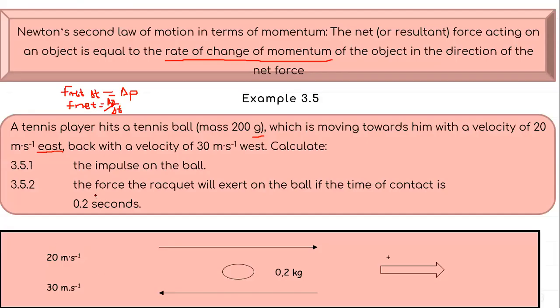Then we are required to calculate the force the racket will exert on the ball if the contact time is 0.2 seconds. Remember, when we say the time of contact is 0.2 seconds, it means that is the time the net force was acting on the ball.